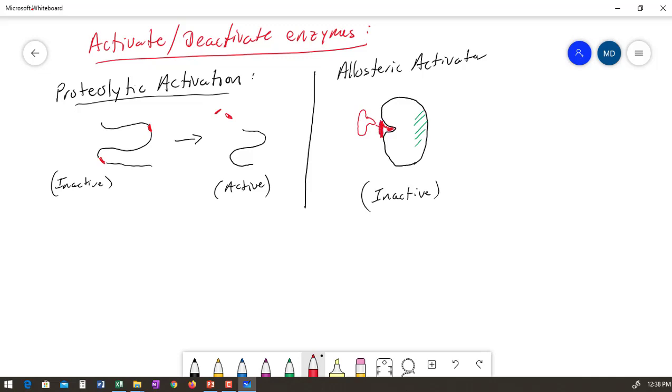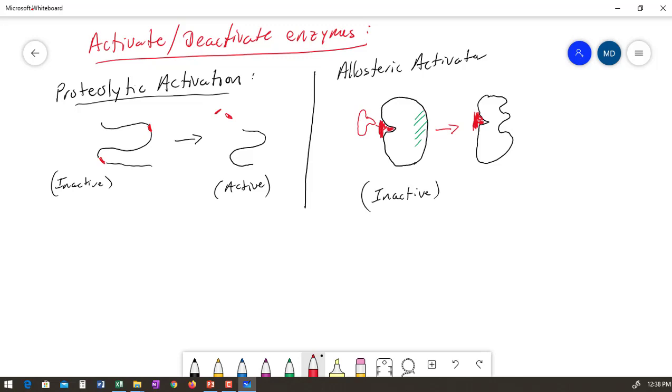When this happens, this now changes this molecule on the other side and causes it to now look like this. So here, I'll draw this again on this back side. And now on the other side, we might have the opening of the active site. So here now we have the allosteric activator attached into this site.